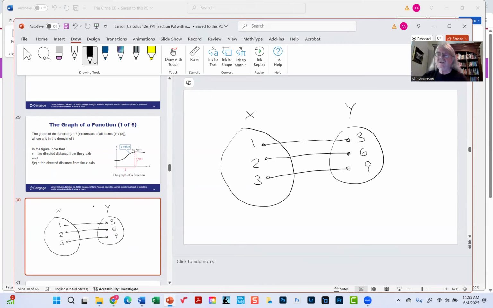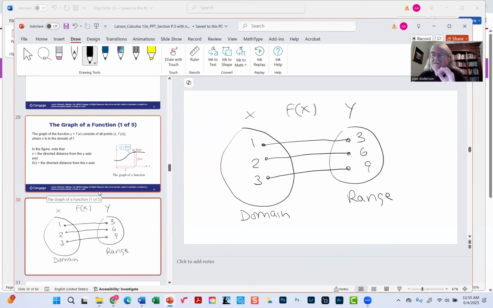You can see this one clearly is a function because every one of these x's is associated with exactly one of the y's. Remember, this set is known as the domain. This is the range. And this f of x is the function that's connecting x with y. Every x gets assigned to a unique value y, and that's it. It's a function. If not, it still counts as a relation.